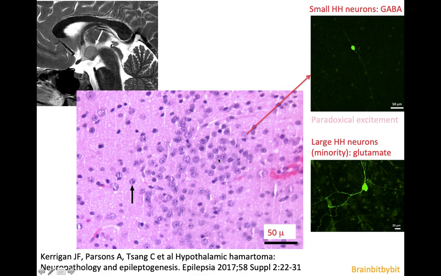These groups of GABAergic neurons have this pacemaker-like firing, and they also excite the glutamate neurons, and the excitation of the glutamate neurons gives the seizures in hypothalamic hamartoma.